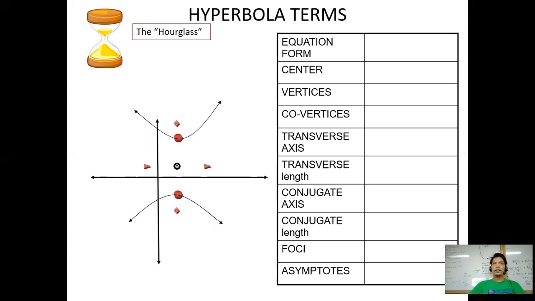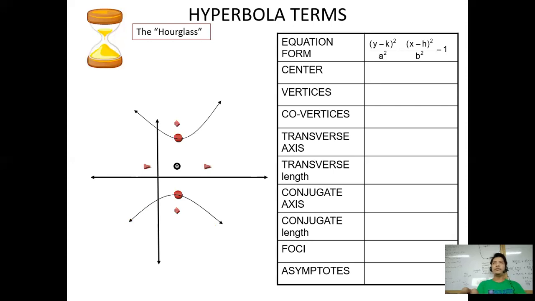So next, alamin natin yung equation ng hyperbolas kapag nandun naman sa y coordinate yung kanyang opening. So y minus k raised to the power of 2. So dito nauna si y, siya naman yung magiging positive. Okay, over a squared minus x minus h raised to the power of 2 over b squared is equals to 1. Ganun pa rin. So pinagpalit lang, si y naman yung nasa positive, si x naman yung nasa negative.